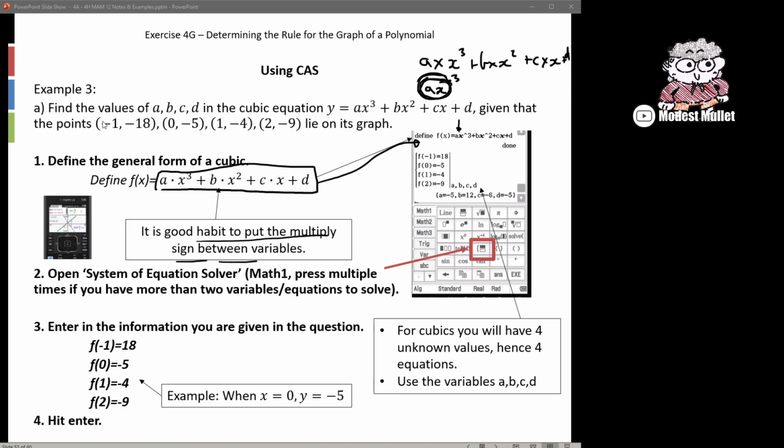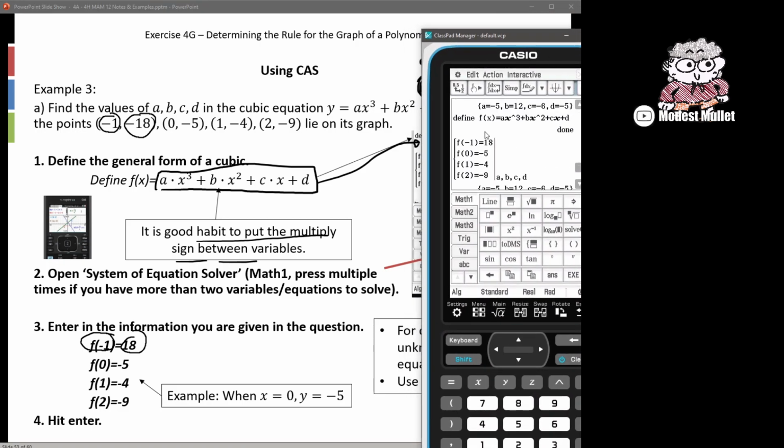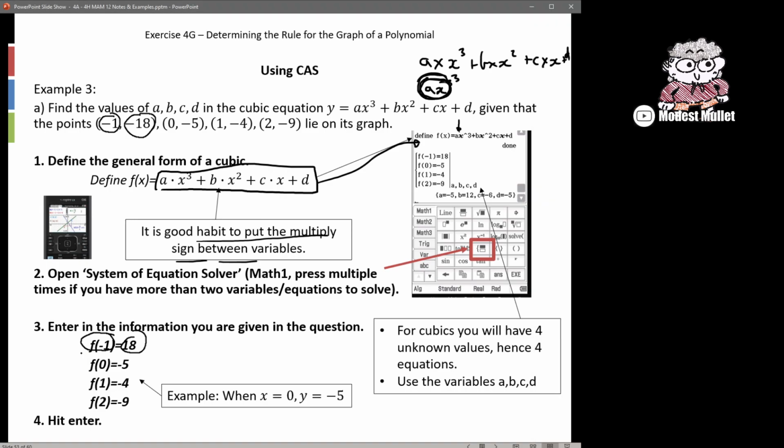So we're told, well, x is -1, y is equal to -18, so you can say f of -1 is equal to -18, and that's how you enter it using our defined function. Because we've already saved it, it allows us to enter like this rather than writing out 4 times 18 equals a(-1) cubed plus b(-1) squared plus c times -1 plus d.